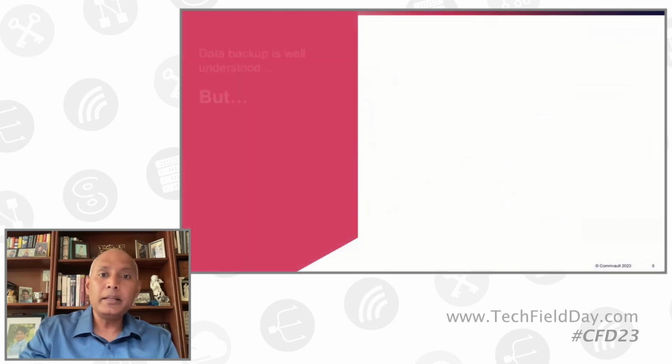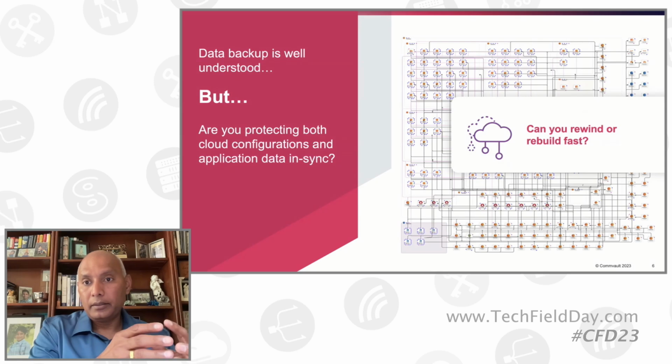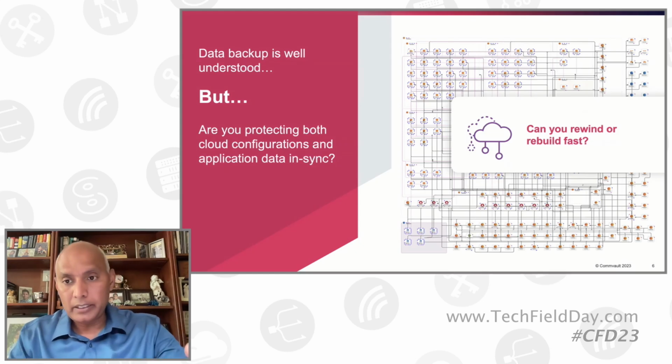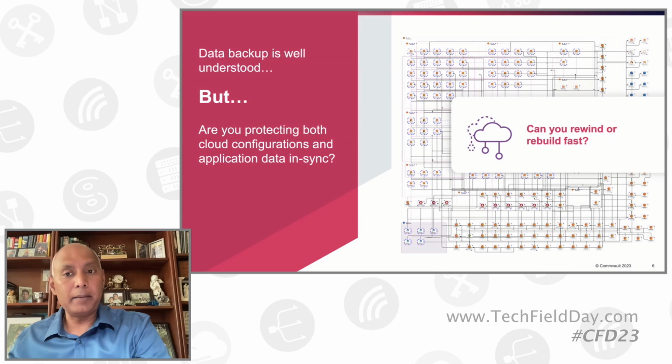So the solution could be to protect all of these resources properly, meaning that not only do you protect the data of those applications, it could be all your EC2 instances or Azure resources, and behind it, you'll have to protect all the disks and all the RDS databases and so on.